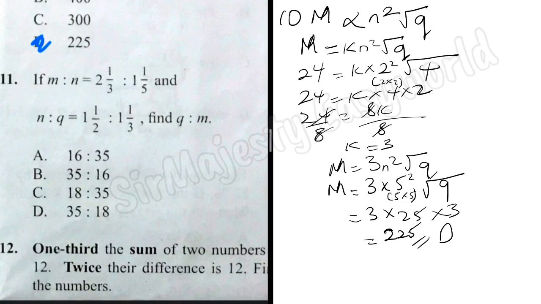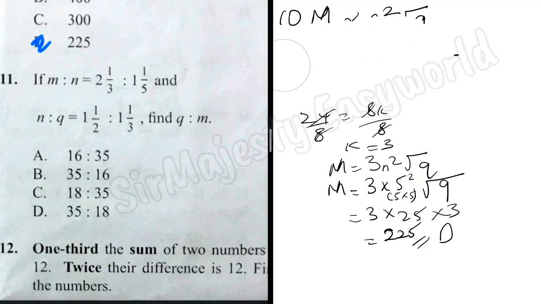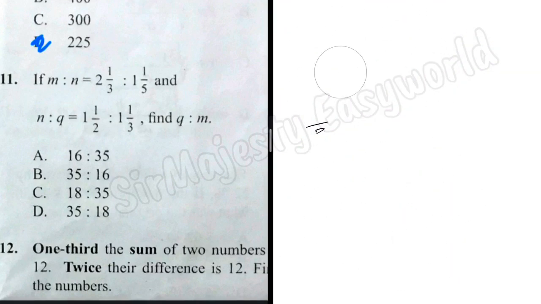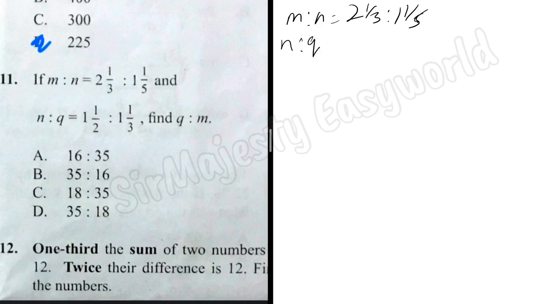Okay, let me just erase this. The ratio of m to n is 2 1 over 3 and 1 1 over 5. N to q is 1 1 over 2 and 1 1 over 3. Find q to m.